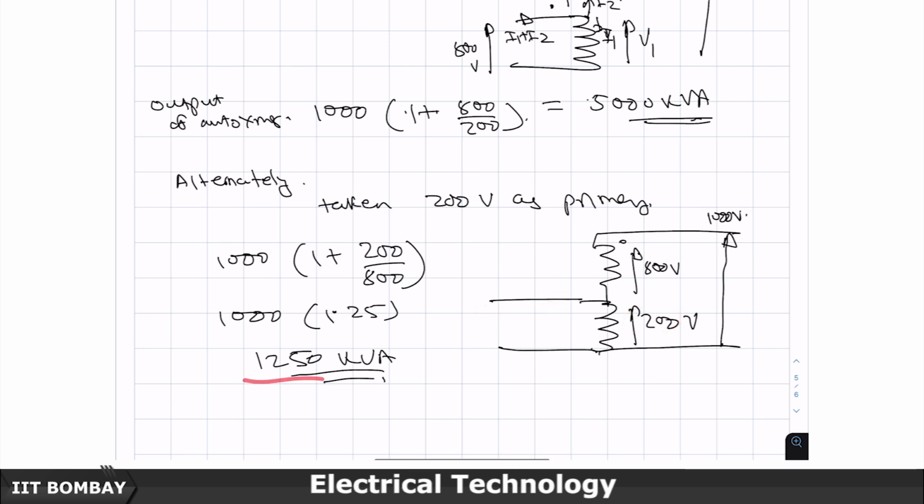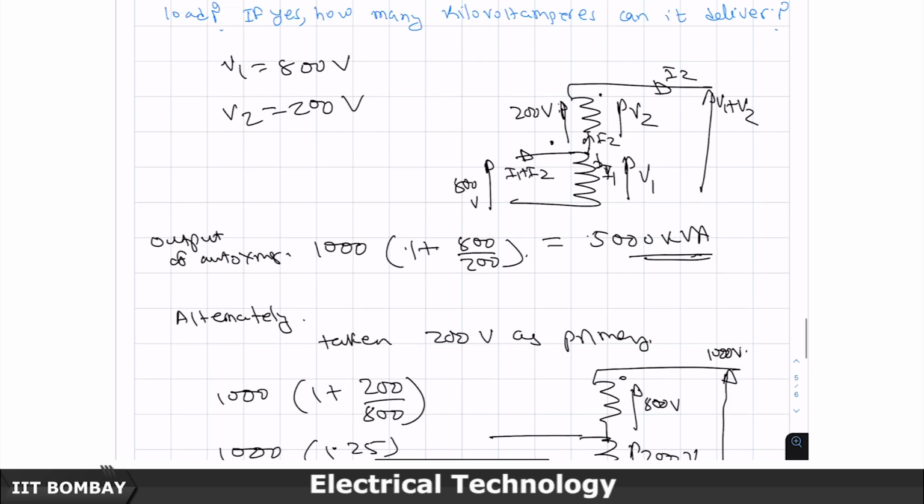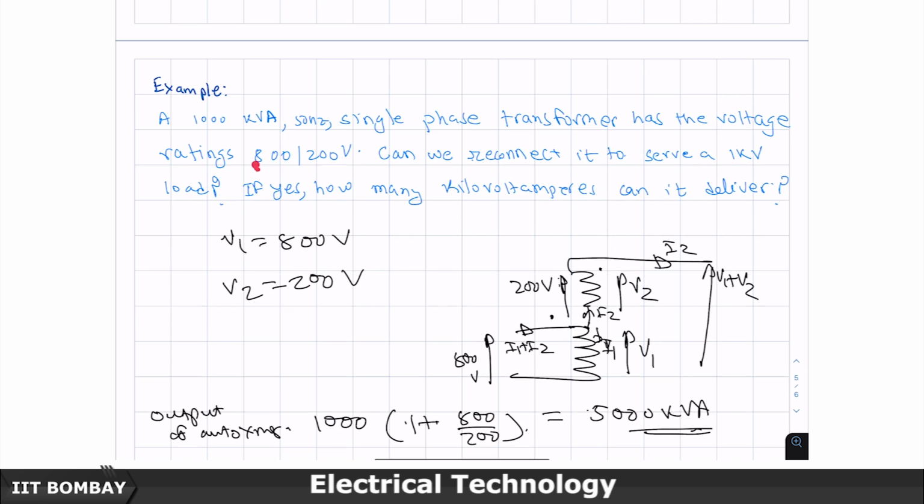So, what I am getting is only 1250 kVA vis-a-vis 5000, but still higher than the 1000 volt amperes. So, these are the two possible outputs, but in this particular case it is clear this is primary, this is secondary.